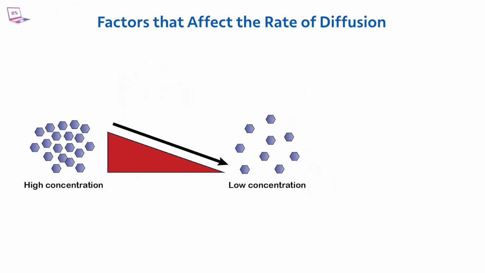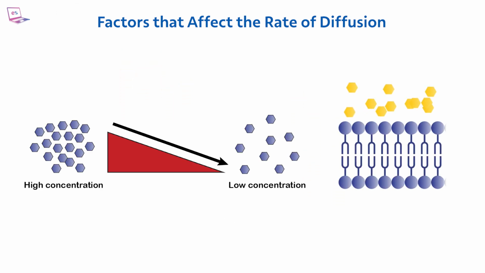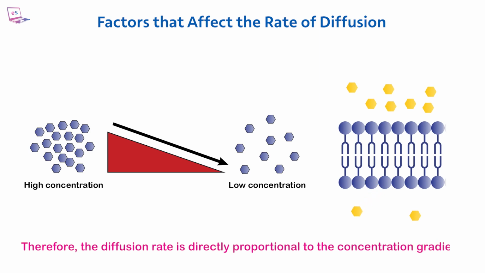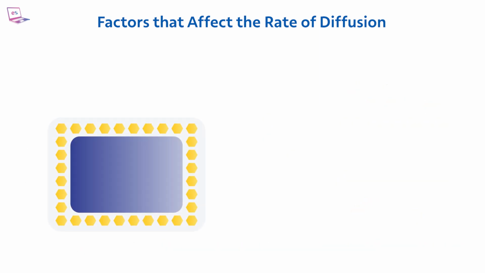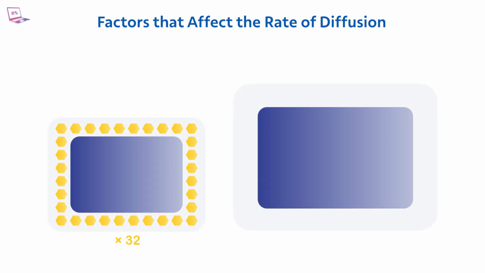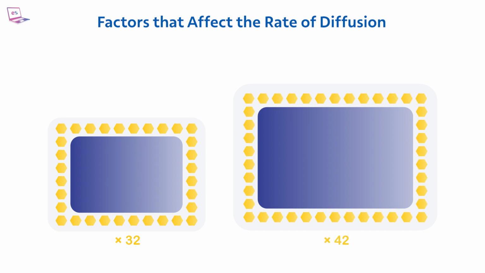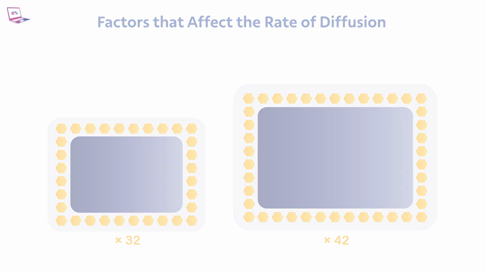If the concentration gradient is greater, the molecules of the substance will diffuse at a faster rate. Therefore, the diffusion rate is directly proportional to the concentration gradient. When the surface area of a cell increases, the diffusion of substances into the cell also increases. This is because more space is available for molecules to diffuse across the membrane.